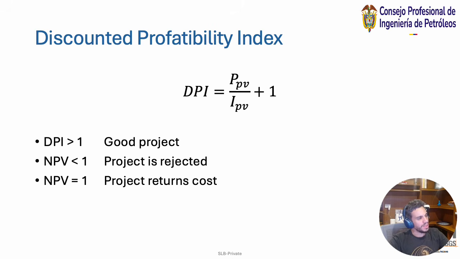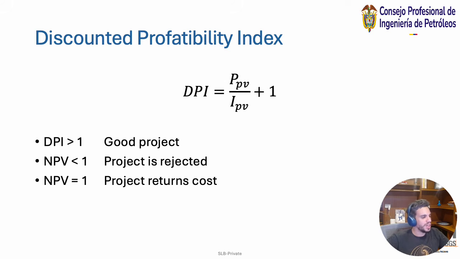Another term is the discounted profitability index, where you take your DPI, but here you're taking different values, where you take the present value over the IPV plus 1, and this will tell you the following.